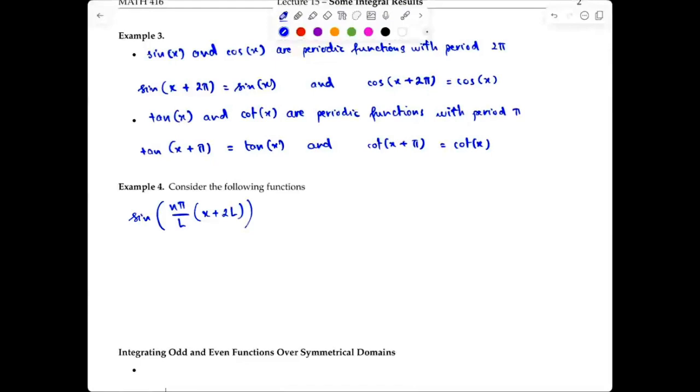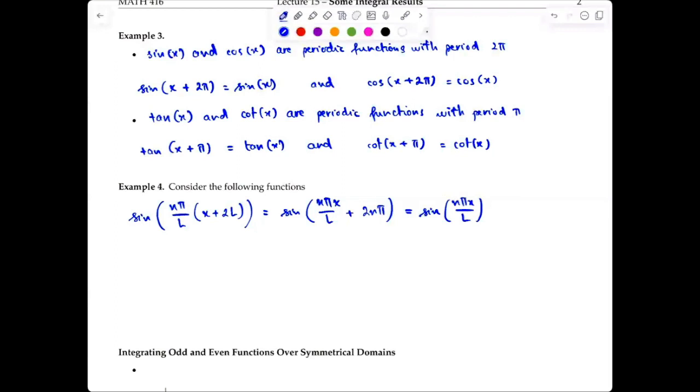For this function, I would like to distribute n pi over L into the parentheses, and I get sine of n pi x over L plus 2n pi, and this is equal to sine of n pi x over L.